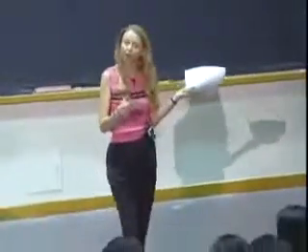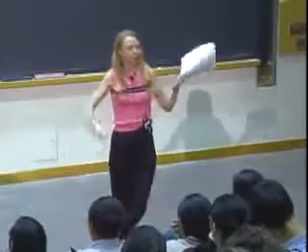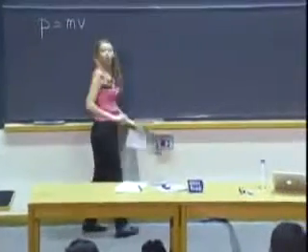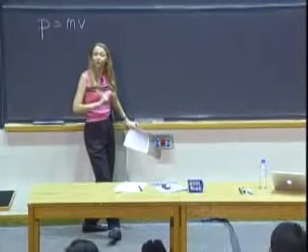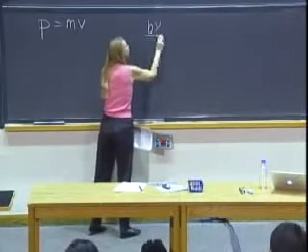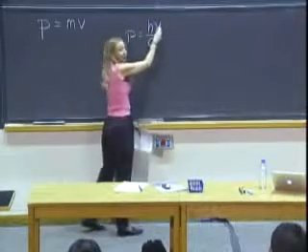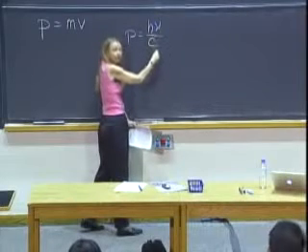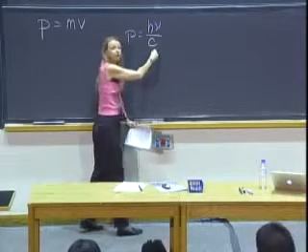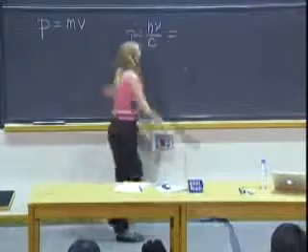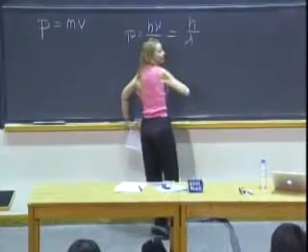What Einstein showed, from the relativistic equations of motion, is that a photon at a frequency nu has a momentum h nu over c. And because we know the relationship between nu and lambda, nu times lambda equals c, I can write the momentum of a photon as h over lambda.